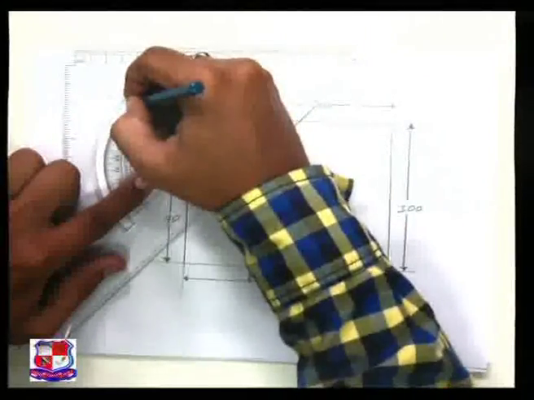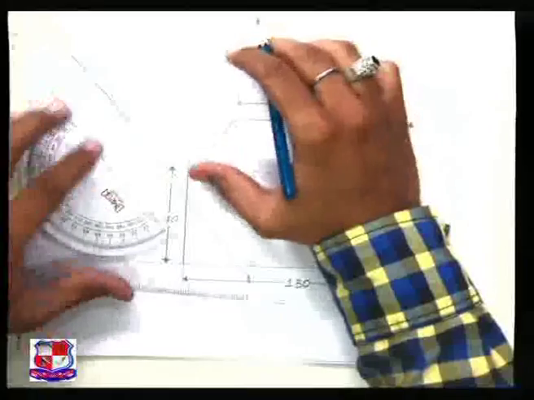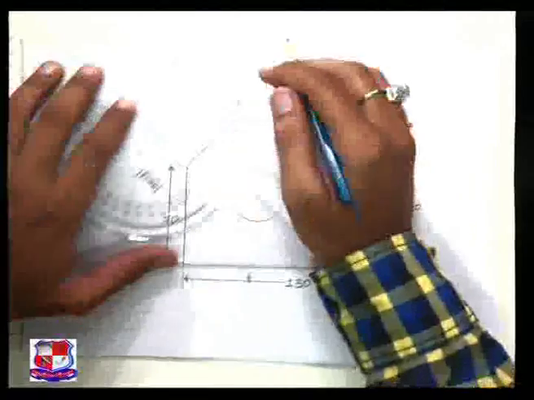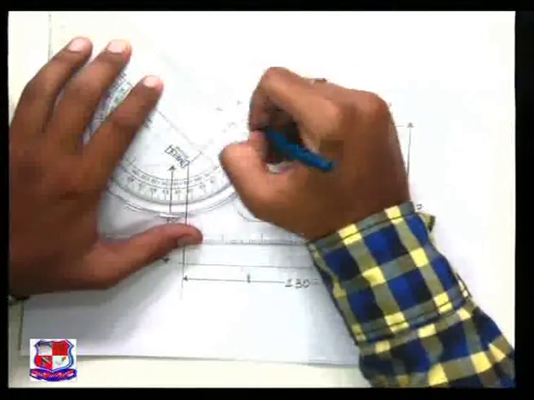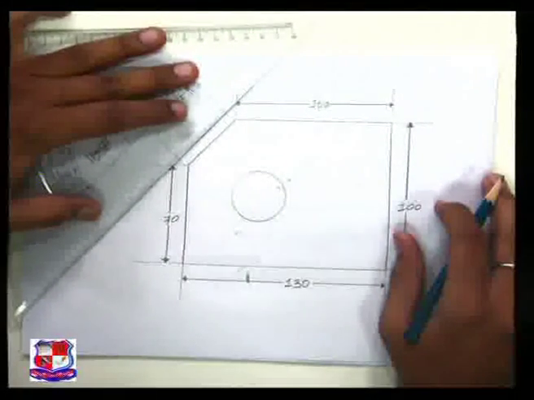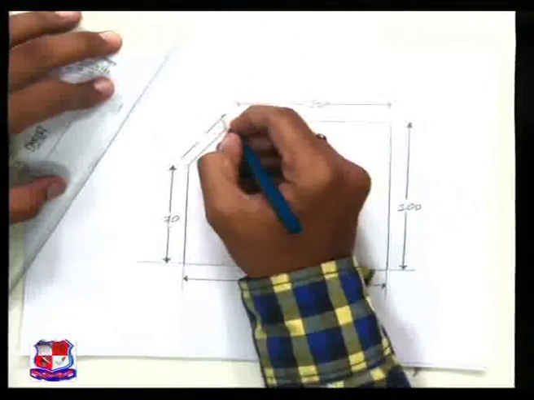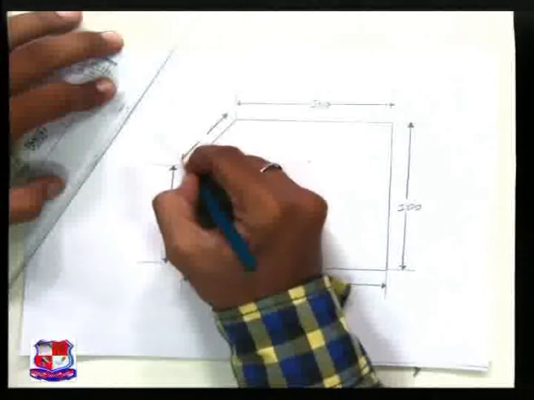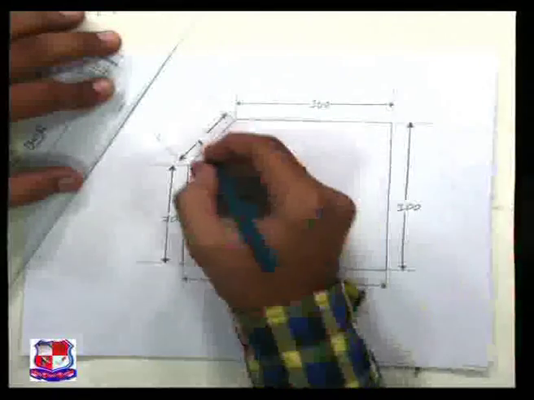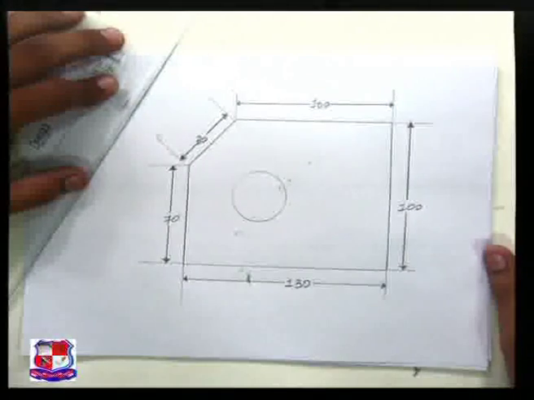Leader line should be perpendicular to the inclined line. Like this on both sides. Draw dimension line that is parallel to the inclined line. Write the dimension in the middle of the line.